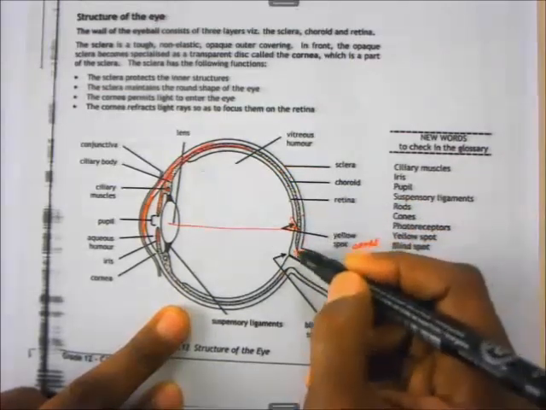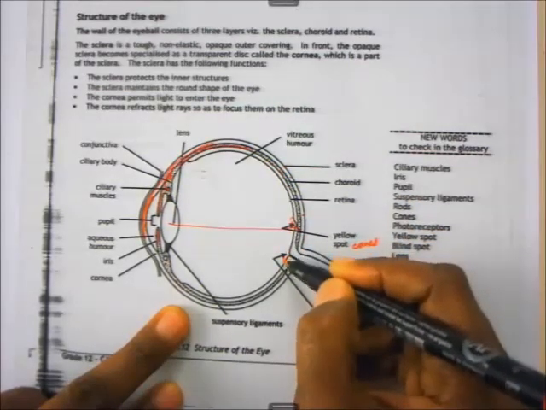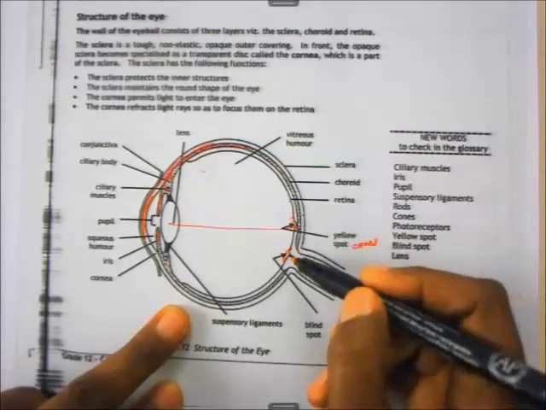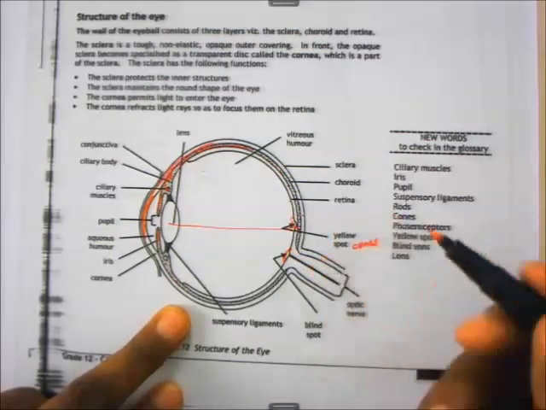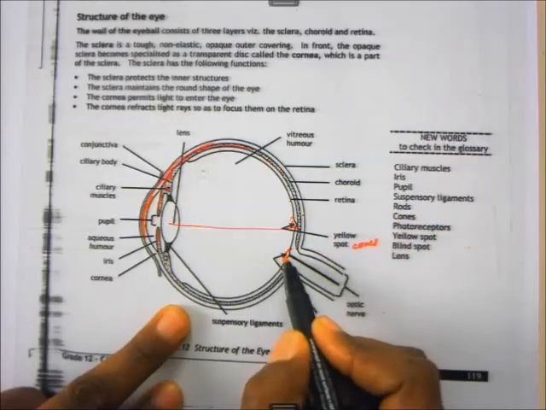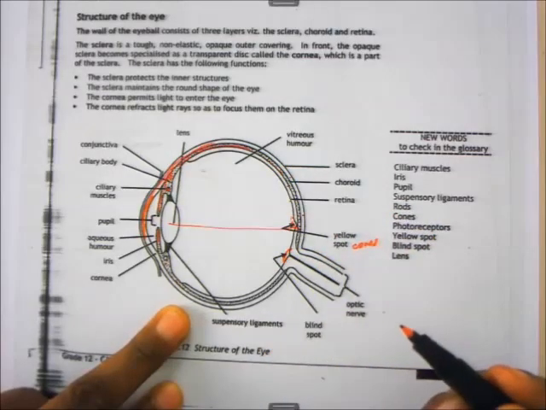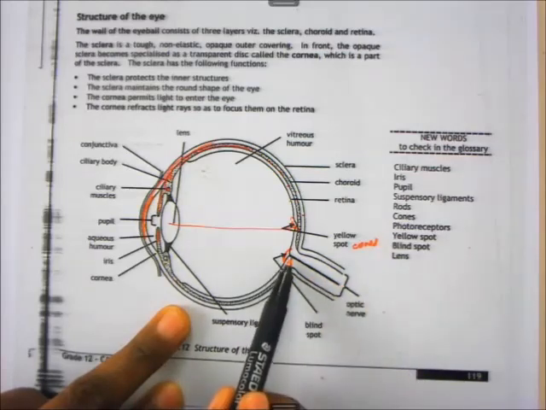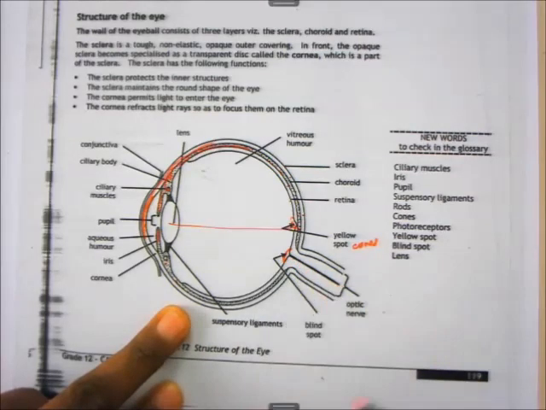And then, okay, when you go down a little bit, there is another spot here which is found on the retina. So now the spot which is found on the retina is called the blind spot. This blind spot is in line with the optic nerve.